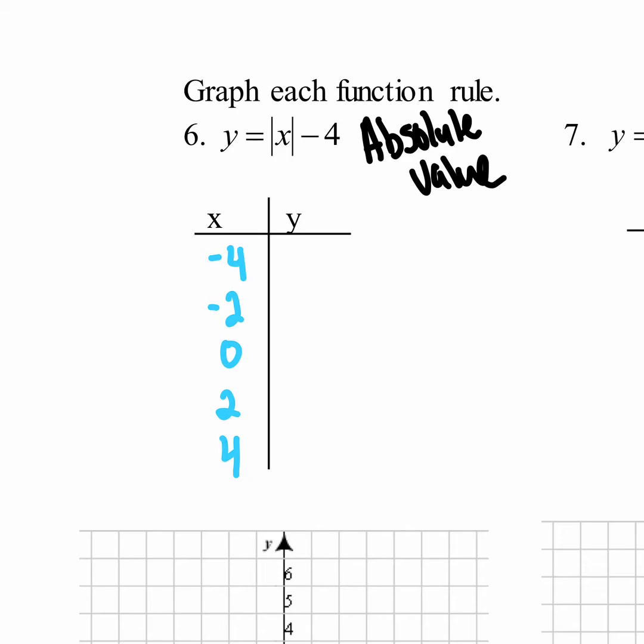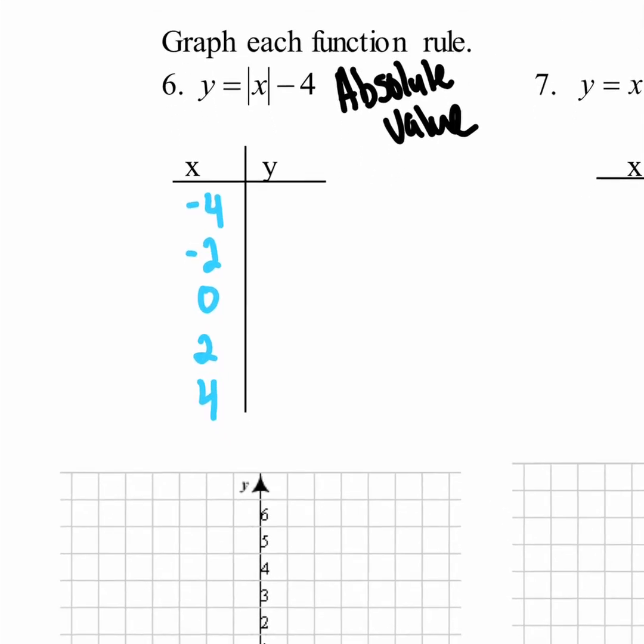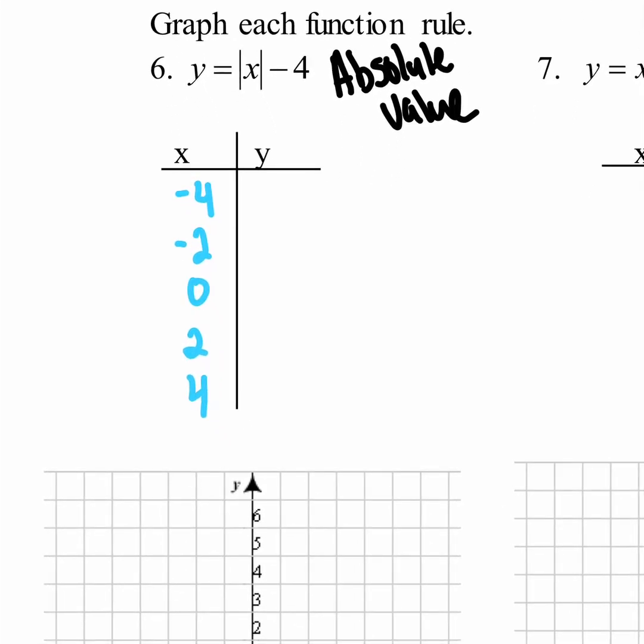It would not be wrong if you went with -2, -1, 0, 1, and 2. That's fine. I'm just trying to show the majority of the graph here. Okay? Sometimes whenever you pick ordered pairs, you actually have to start over because you notice that it doesn't give you the entire graph, or it doesn't show you enough.